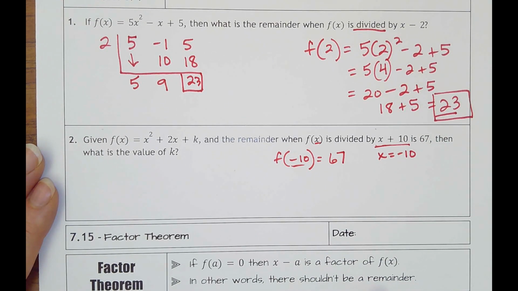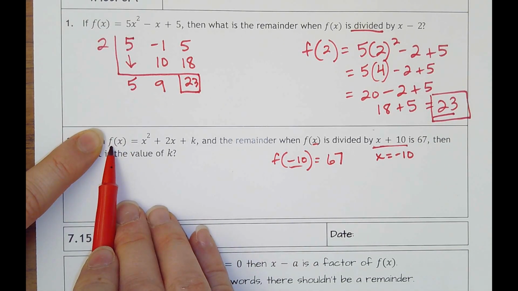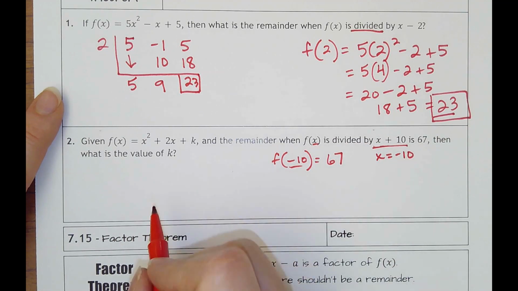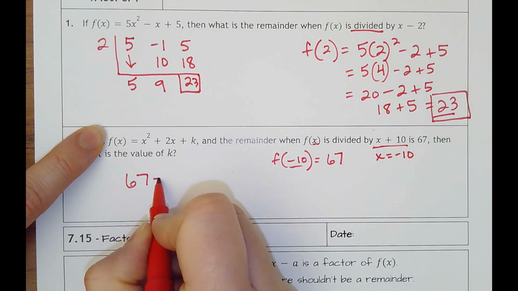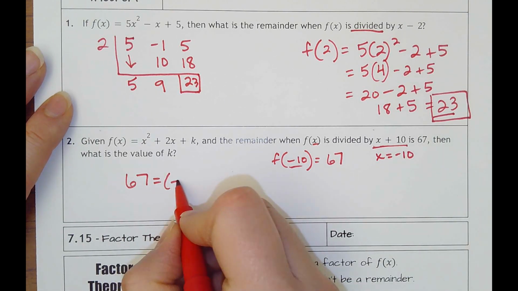And so what I'm going to do is I'm going to take this function and say, okay, f of x is y. What does f of -10 equal? 67. So I'm going to put 67 is equal to, then I'm going to replace the x's with -10.